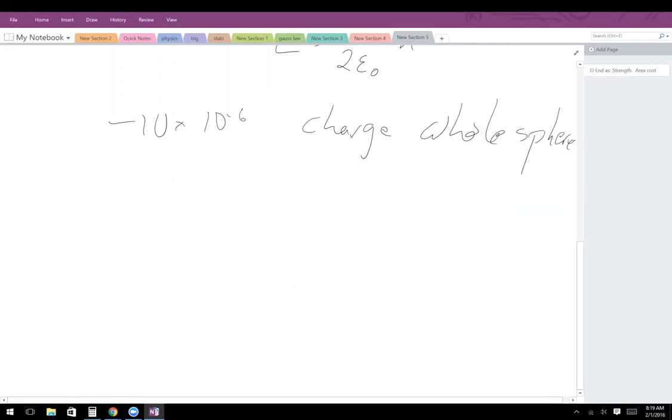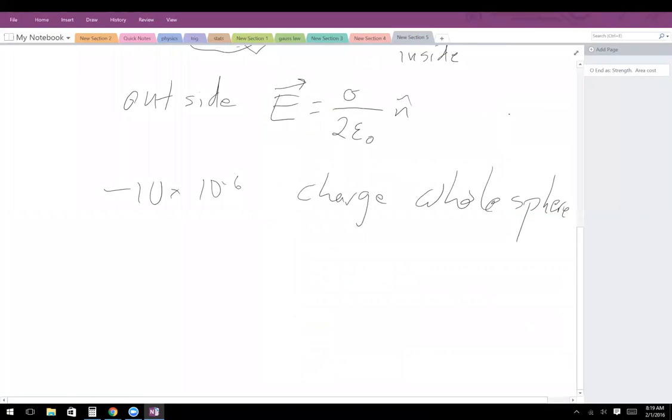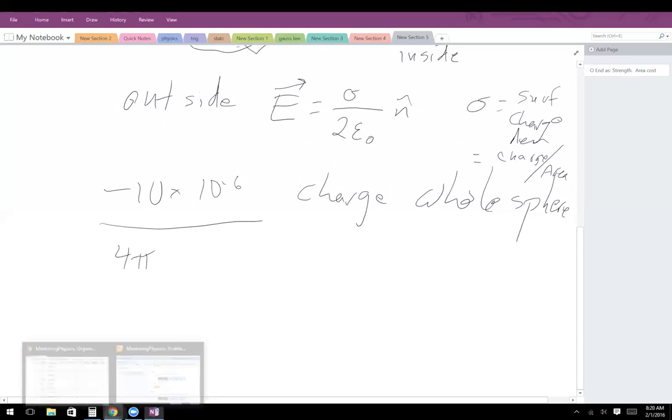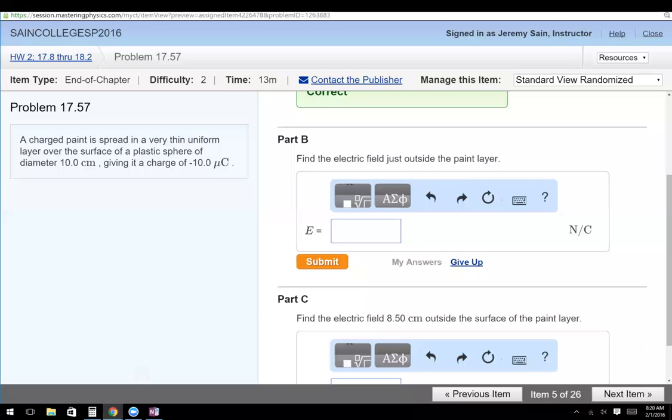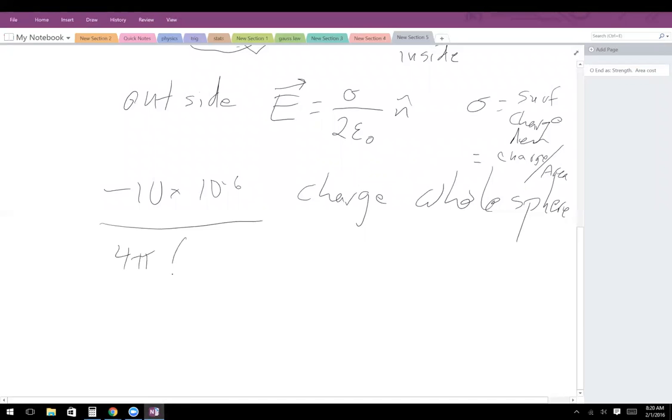To use this formula, I need to know sigma, the surface charge density, which means charge over surface area. So the surface area of a sphere, I need to divide this by 4 pi r squared, where r was 10 centimeters, right? So 4 pi times 0.1 squared.